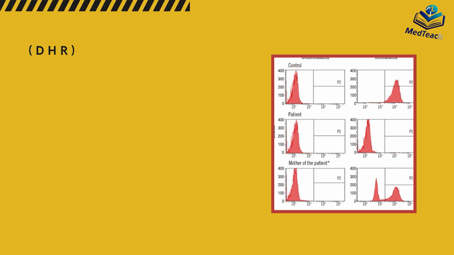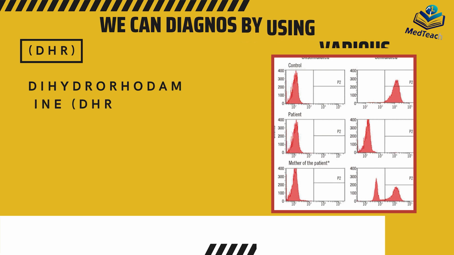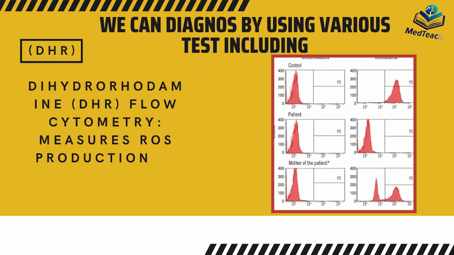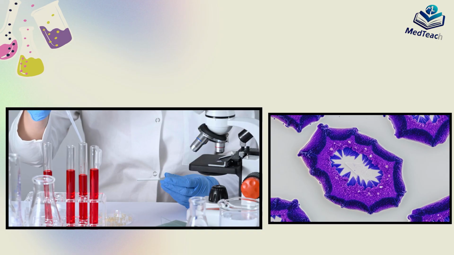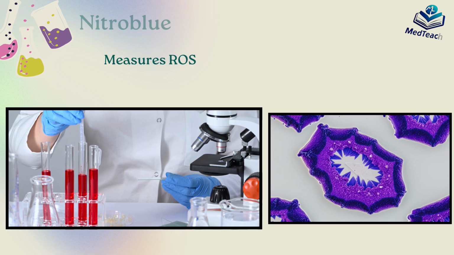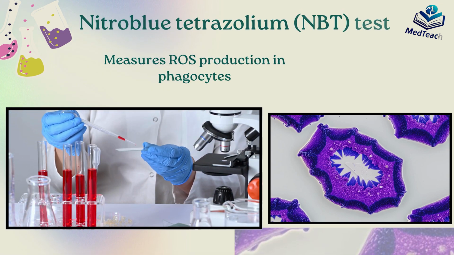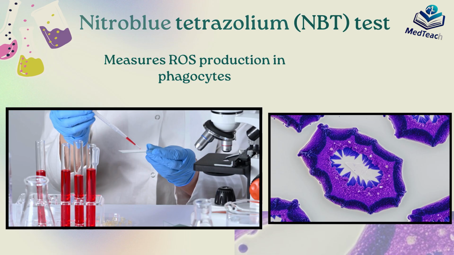We can diagnose this condition by using various tests, including dihydrorhodamine flow cytometry, which measures the reactive oxygen species production in the phagocytes. Then the nitroblue tetrazolium test or the NBT test, which measures reactive oxygen species production in phagocytes again.